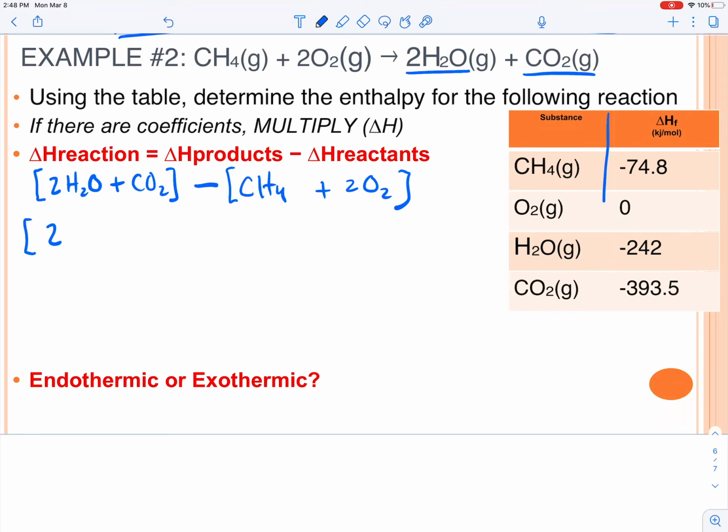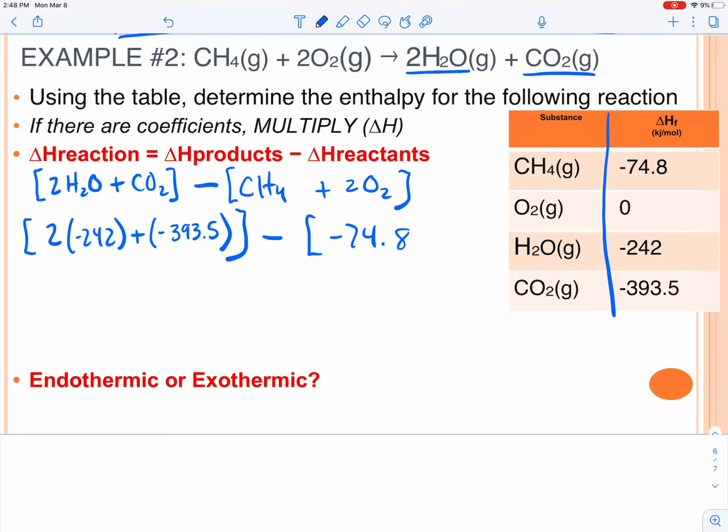Each water has a value of negative 242. So there's going to be a lot of number crunching here. Plus, carbon dioxide is negative 393.5. So all of that is my products. And then from that, I'm going to subtract CH4, which is negative 74.8, plus oxygen, which is 2 times 0.